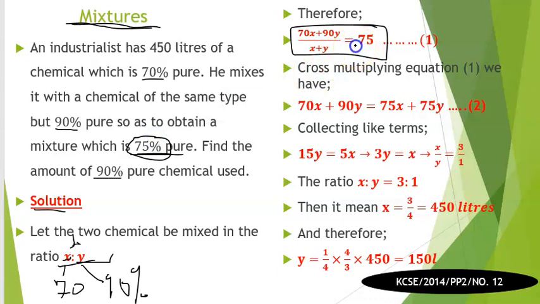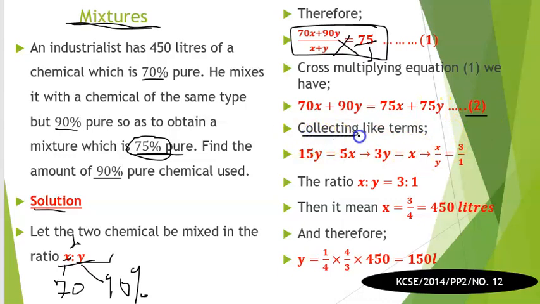Once I have this, I can say over 1 and then cross multiply. So 1 times 70x is 70x, 1 times 90y is 90y, equals 75 times x is 75x plus 75 times y is 75y. I'll call this equation 2.